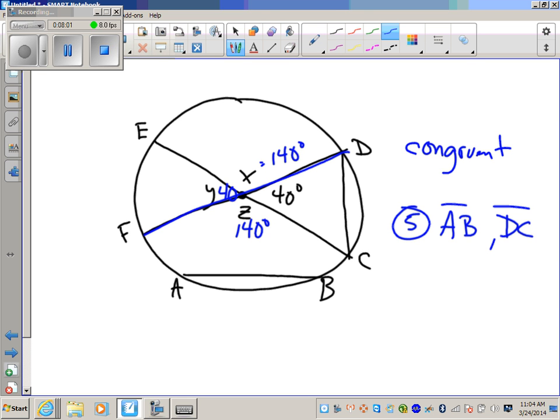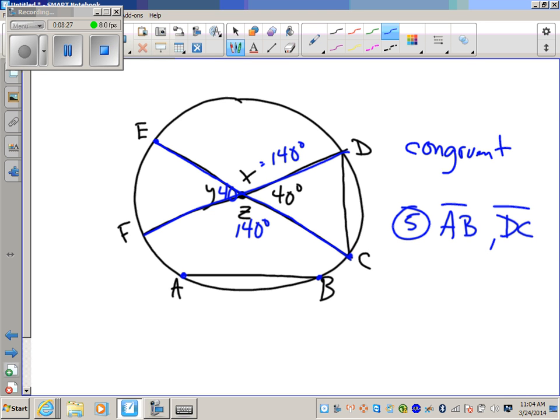Now remember, a chord has both of its endpoints on the outside of a circle. Does EC have both of its endpoints on the outside of a circle? Yes. Now, we can call a diameter a chord because it fits the description.